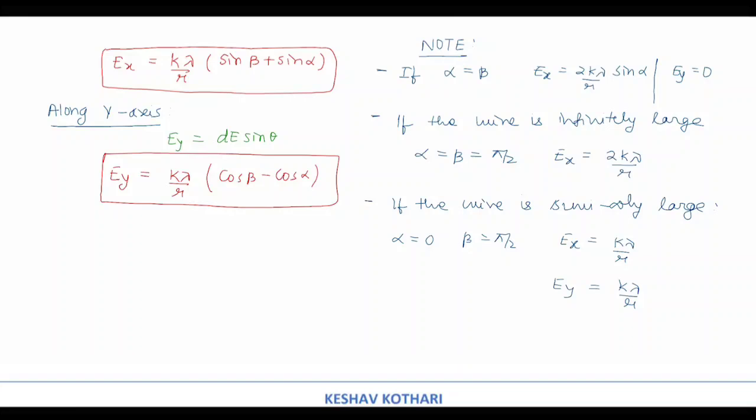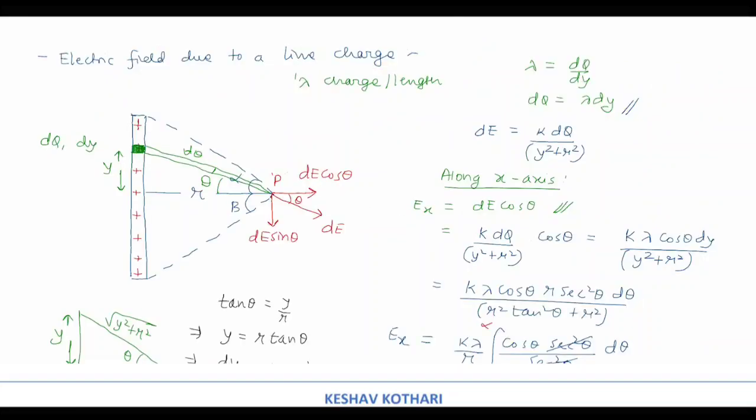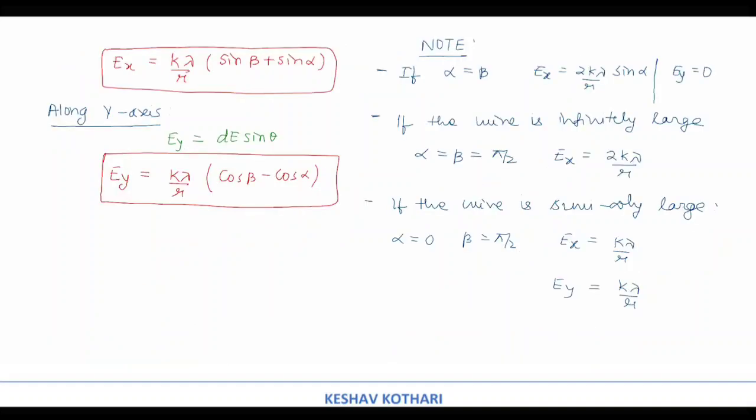When I say that the wire is infinitely large, I mean that this wire is so large that the angle it is subtending will become equal to 90 degrees. Semi-infinitely large means one end of the wire is near me but the other end is tending to infinity. So this is how we obtain the result for the electric field due to a charged wire.